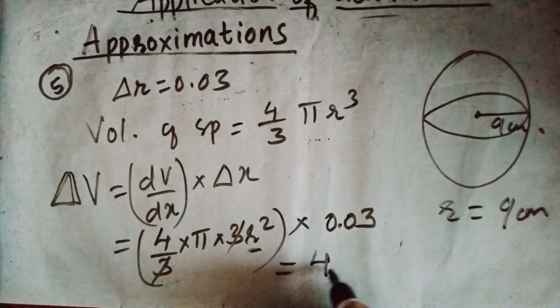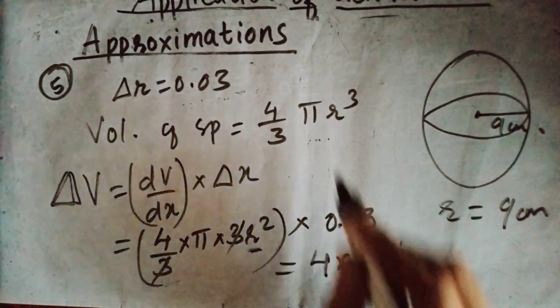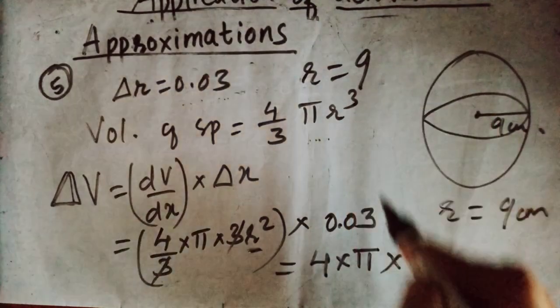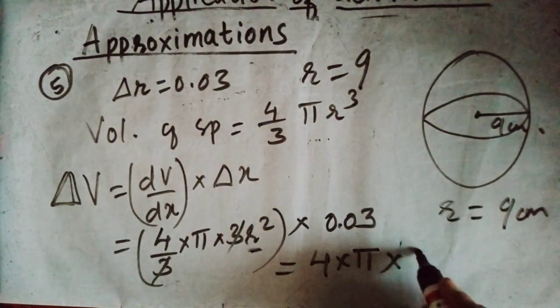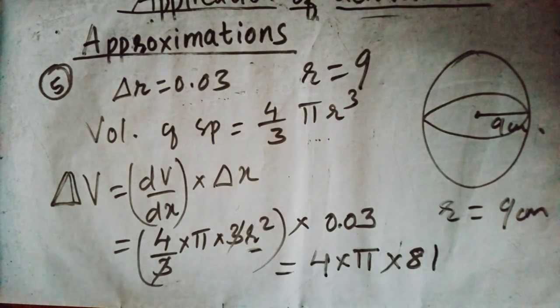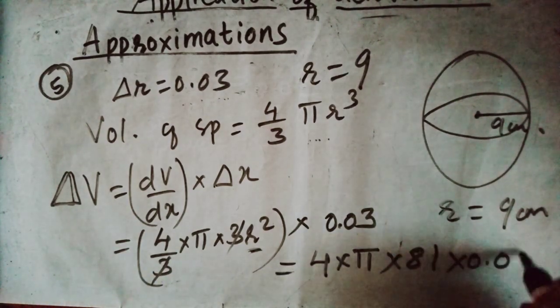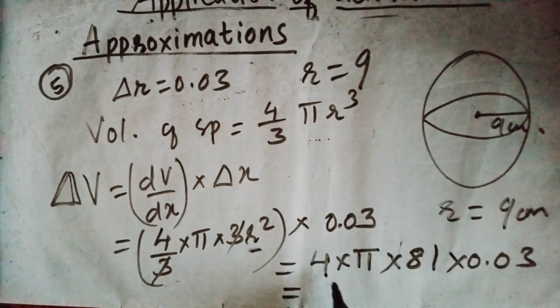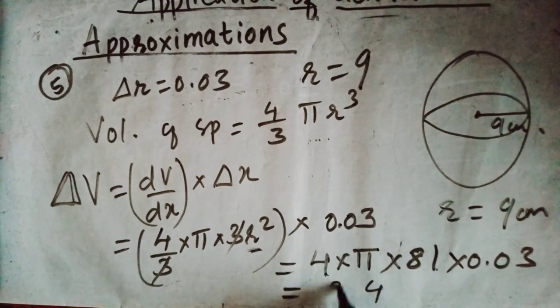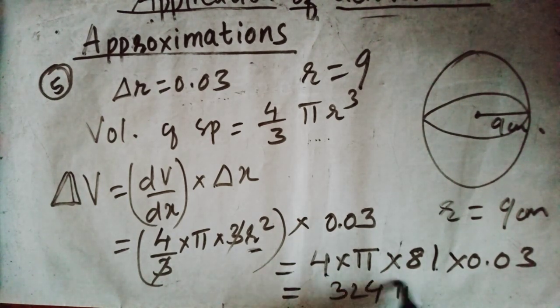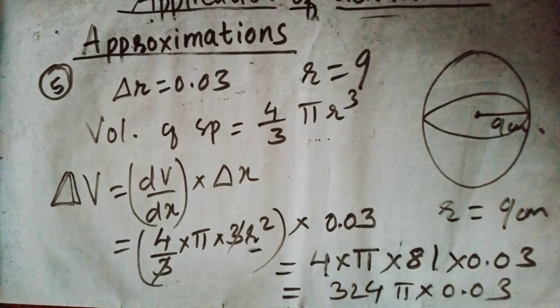So 4 into pi into r is 9, so 9 square, which is 81, into 0.03. So pi into 0.03, then you have to multiply by 3.